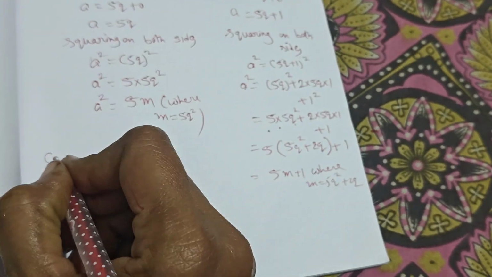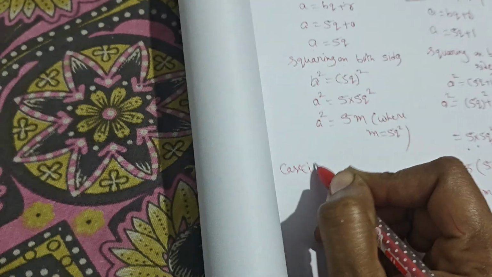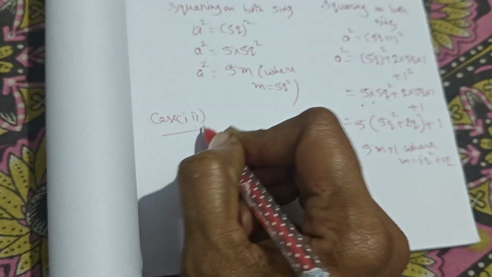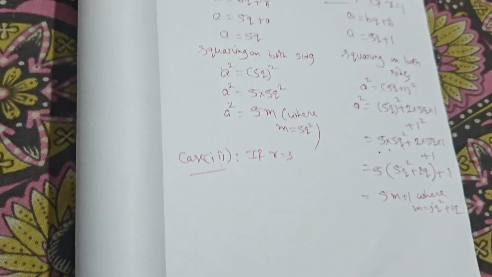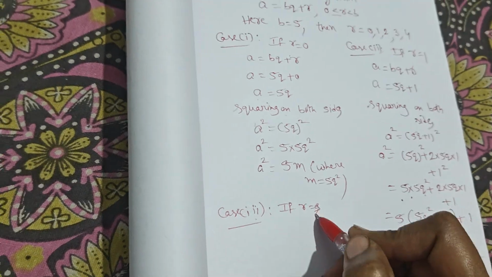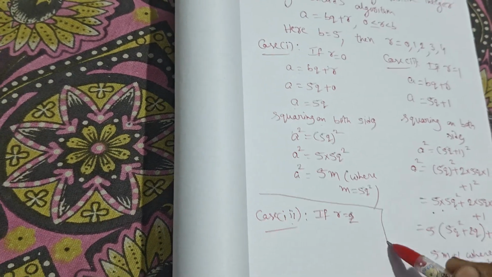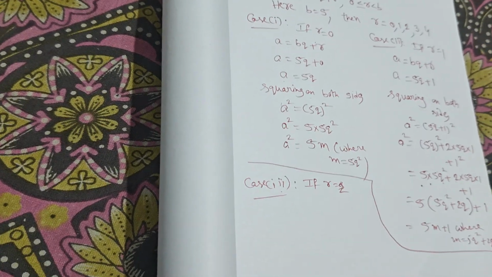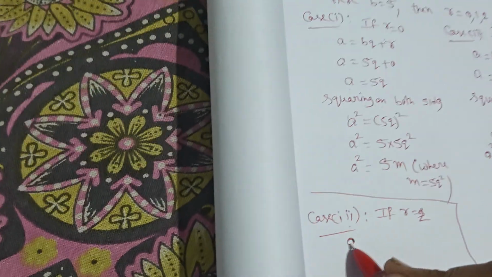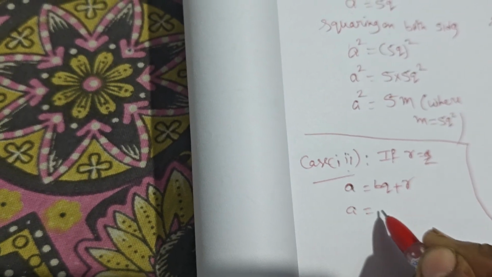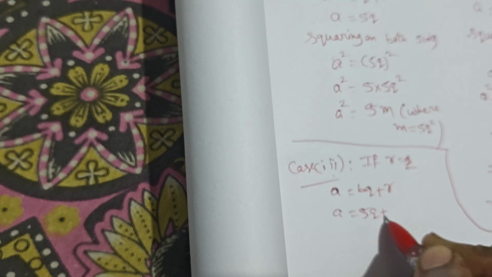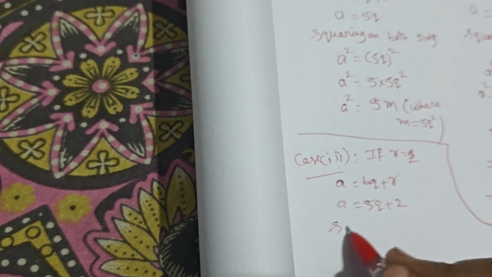Next you go for the next case. If r equal to 2, sorry, r equal to 1 completed, now r equal to 2. What is here? a equal to bq plus r. a equal to b value 5, 5q plus 2. Again what we have to do?